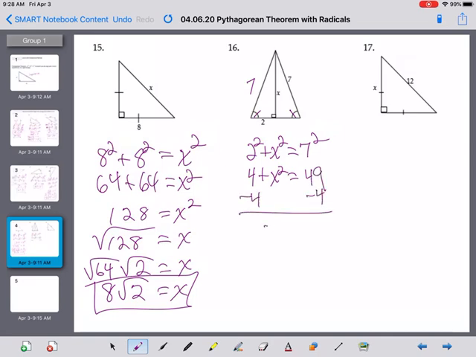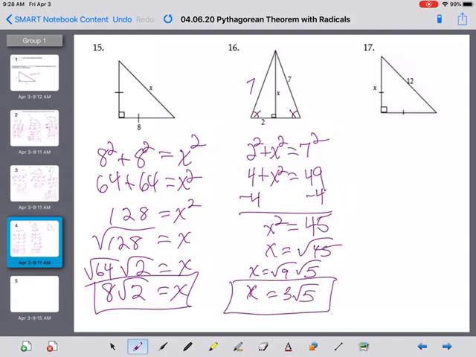Subtract 4 from both sides. x squared equals 45. And then square root. So square root of 45. And then let's find a factor that's a perfect square. 9. So square root of 9 times the square root of 5. The square root of 9 is 3, so 3 times the square root of 5 is the correct answer.